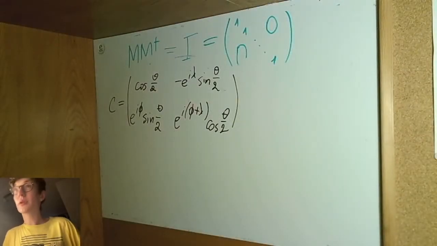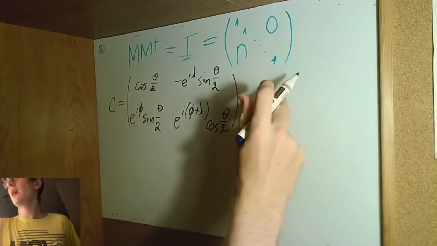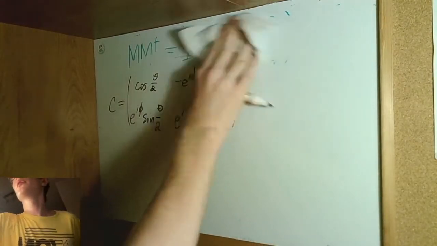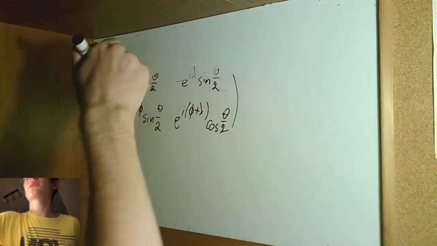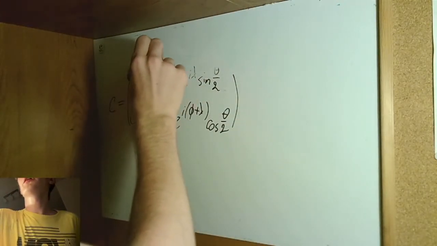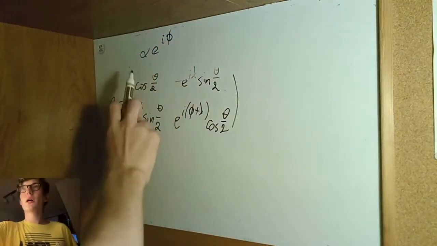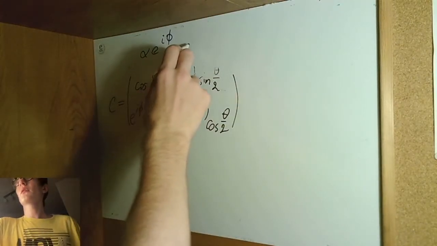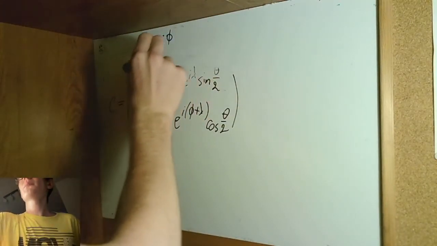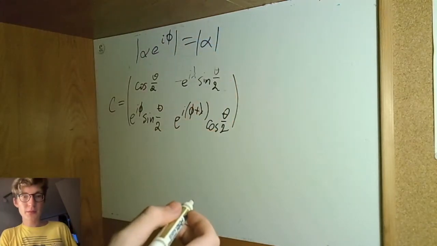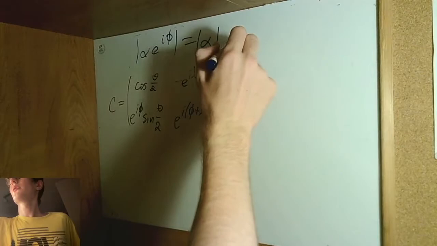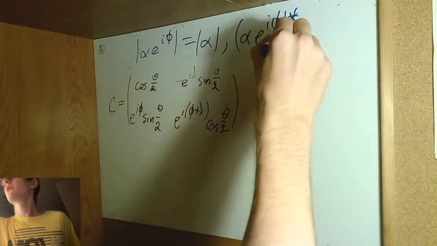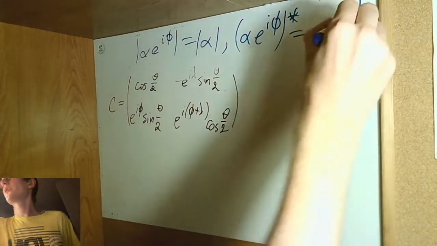And as you probably know, it works this way: if we have alpha e to the i phi, where alpha is some real number as well as phi, then its absolute value is the absolute value of alpha, and the conjugate of such a number is alpha e to the minus i phi, okay.